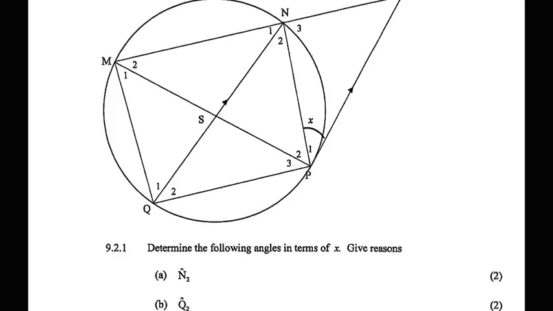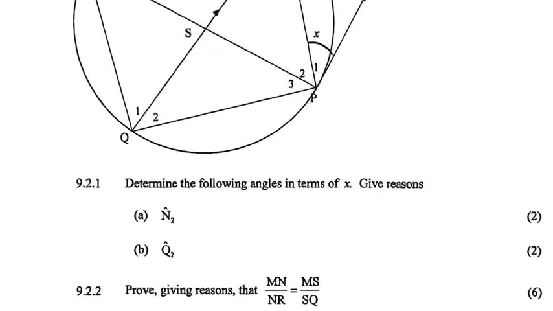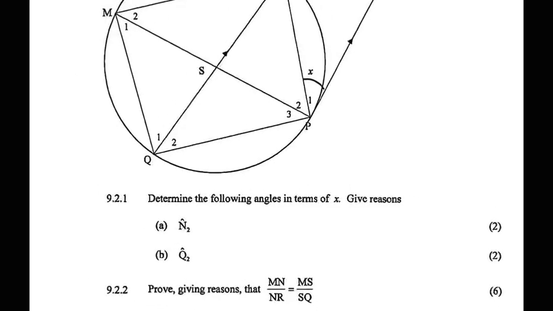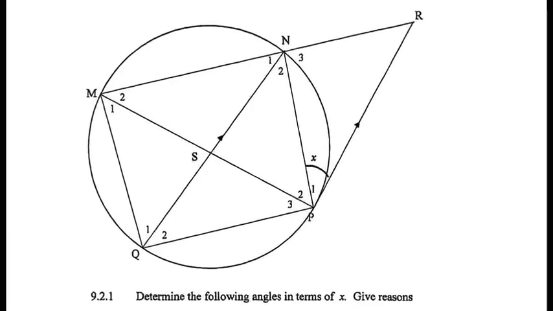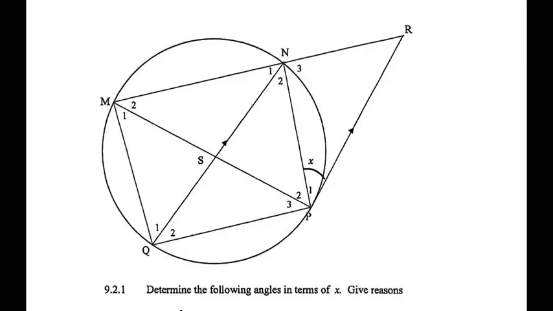The question says 9.2.1, determine the following angles in terms of x, giving reasons. The first is angle N2, the second is angle Q2.